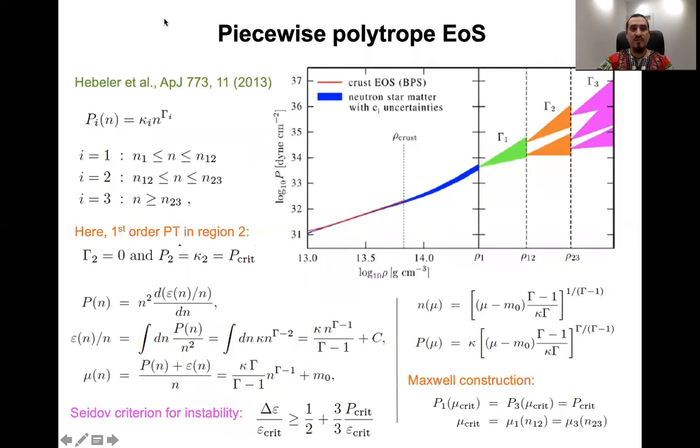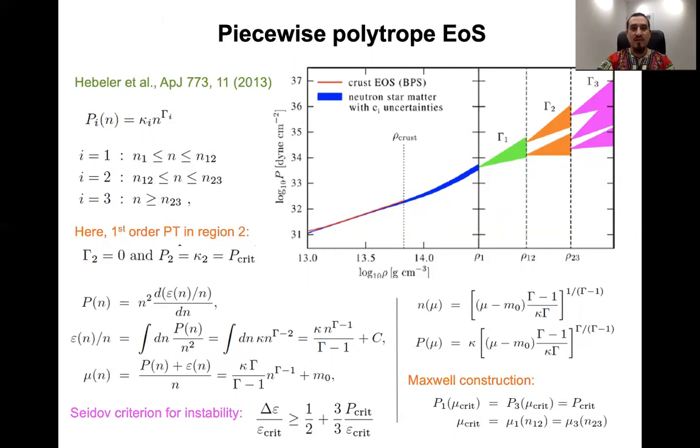The equation of state that we consider describes hybrid neutron stars, and the approach we follow is the one of Hebler et al. that fulfills modern constraints on the equation of state of neutron stars.